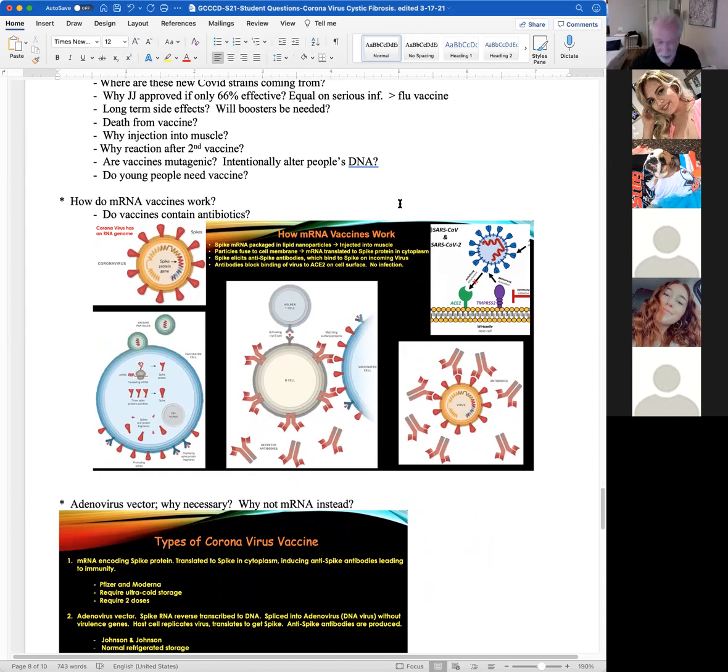So remember, if you look at a coronavirus particle here, its genome is RNA, and one little segment of that genome encodes the spike protein. The spike protein is what sticks out, these red things sticking out from the periphery of the particle.